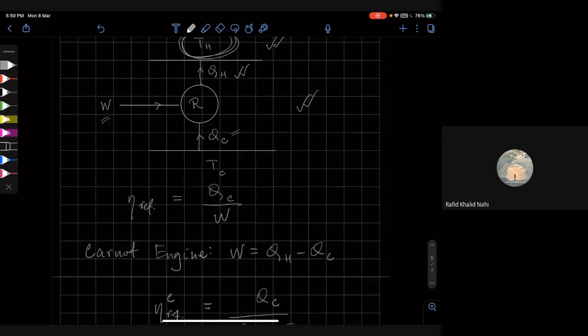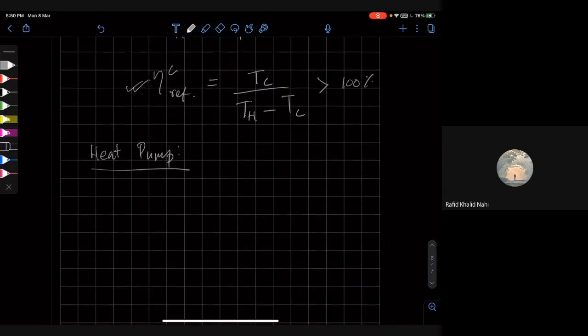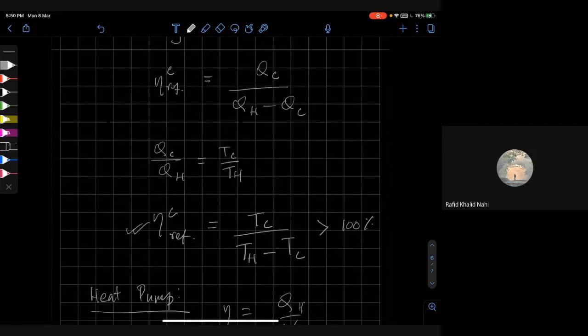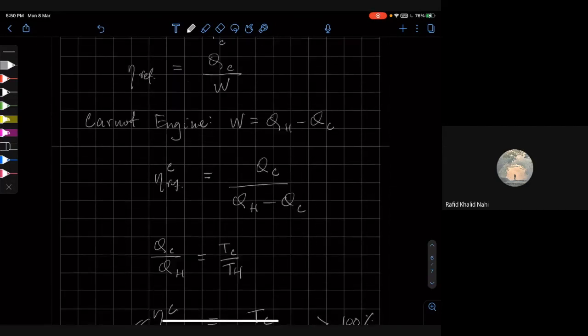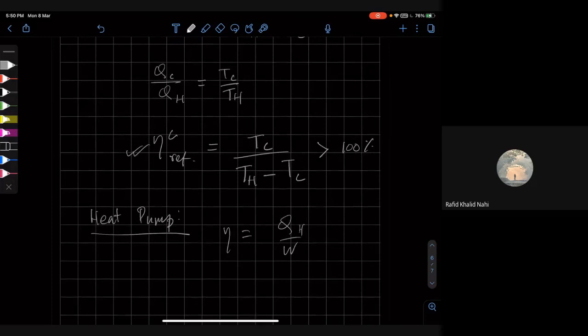What do you think the efficiency would be? It'll be probably something like QH over W, right? Maybe let me check. I forgot what the heat pump efficiency is.